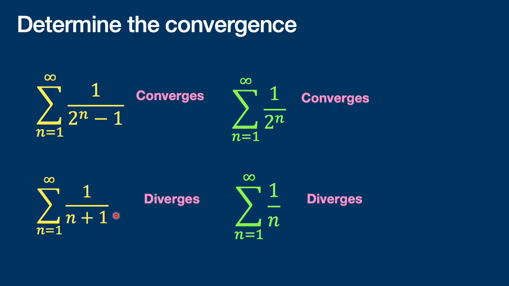But we cannot compare directly because n plus 1 is bigger. When you flip it, 1 over n plus 1 is less than 1 over n. So this one is supposed to be greater than 1 over n, and then by direct comparison it diverges. But we cannot use the direct comparison test here. So we're going to use a different test.